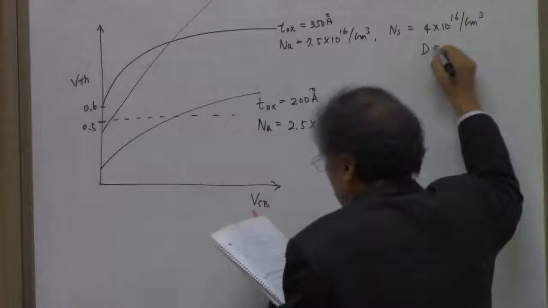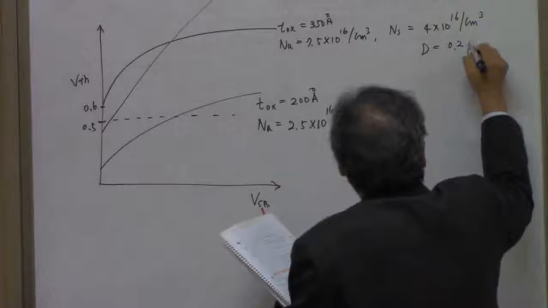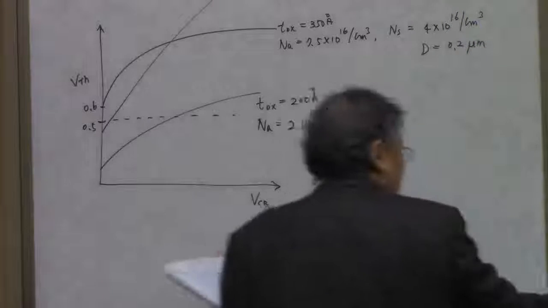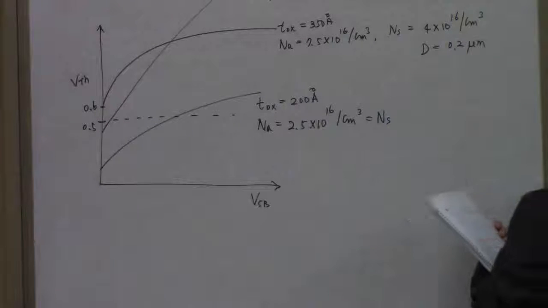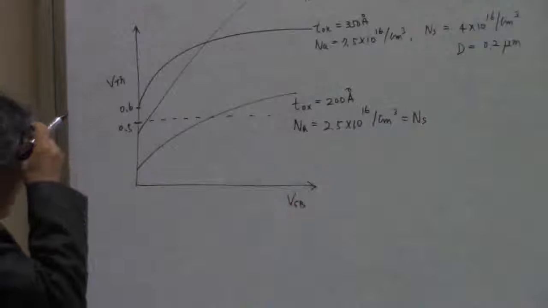And the D is about 0.2 micron. D means the channel depth. Here is this depth after the implantation on top of the 350 gate oxide. Okay?